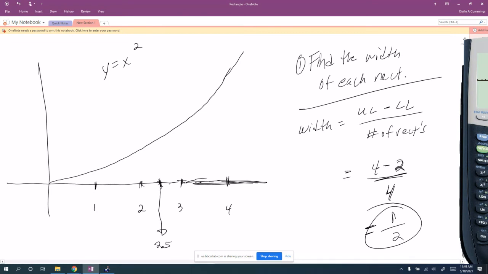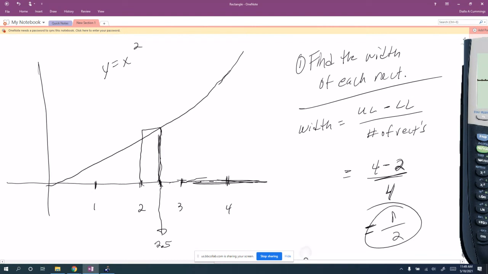So my interval from 2 to 2.5, 2.5 is my right endpoint, so that serves as the height. All right, so this is rectangle 1.